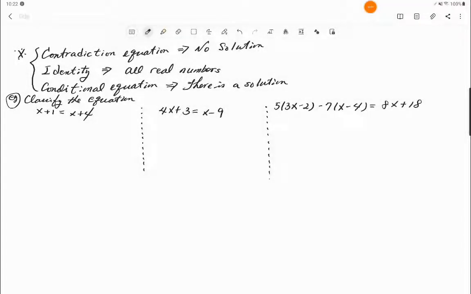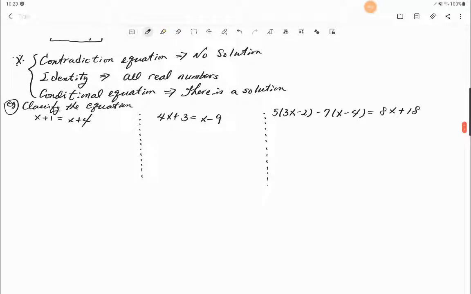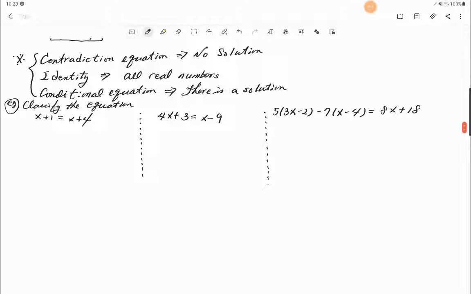Okay, now we can classify an equation into three types: conditional equation, identity, and contradiction equations. A contradiction equation means there's no solution. For example, when we solve an equation, we sometimes have a false statement like 3 equals 4.